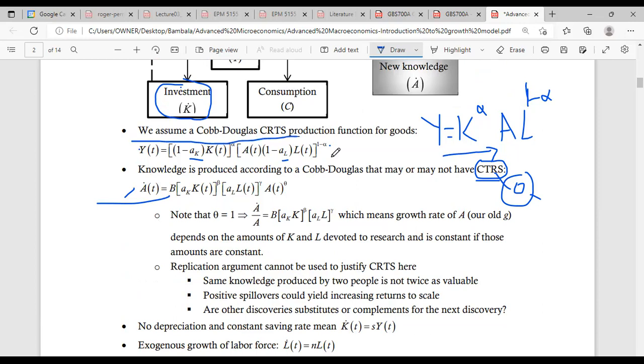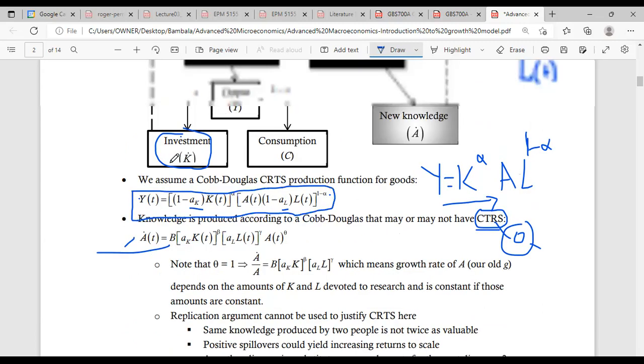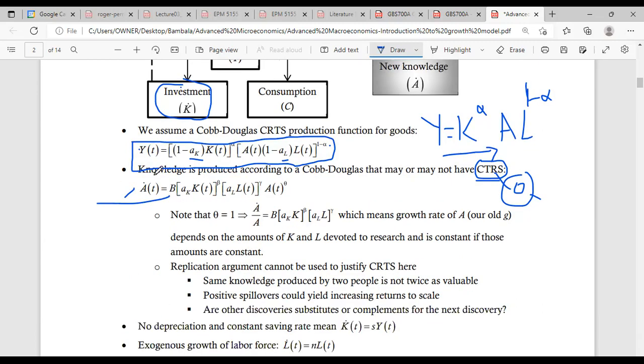But this is just for the knowledge sector, because we divided into two. We also look at the goods sector now, where we're going to derive one other thing.